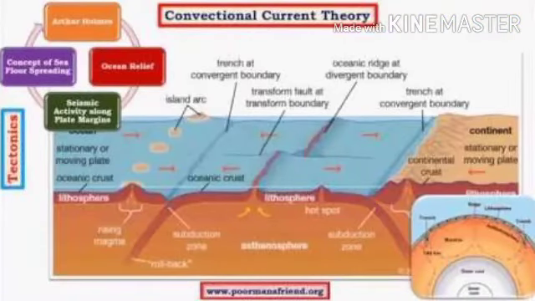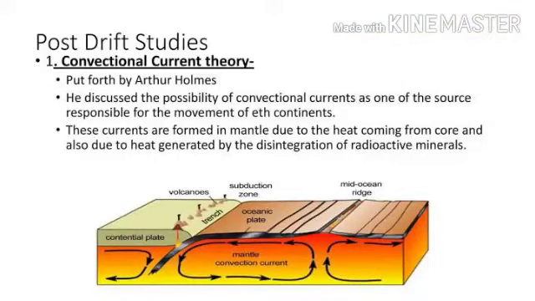After the continental drift theories, new studies came, which were known as post-drift studies. Information collected from the ocean mapping is more useful to study the continental drift. In support of post-drift theories, the convectional current theory was proposed by Arthur Holmes in 1930.